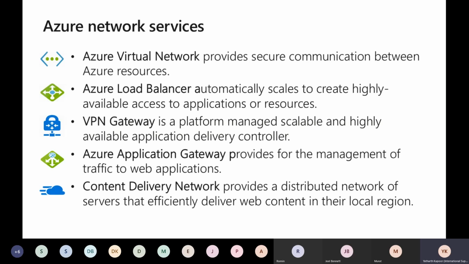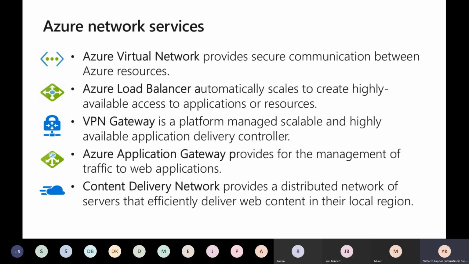So the idea is content delivery network is for organizations that have their customer base all across the globe, and they want to make sure that the customers are accessing services from closer to their place so that latency is as low as possible. That's what a CDN is.